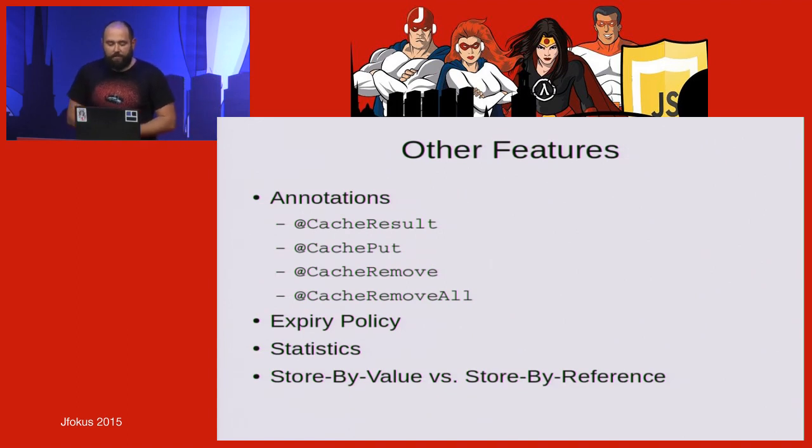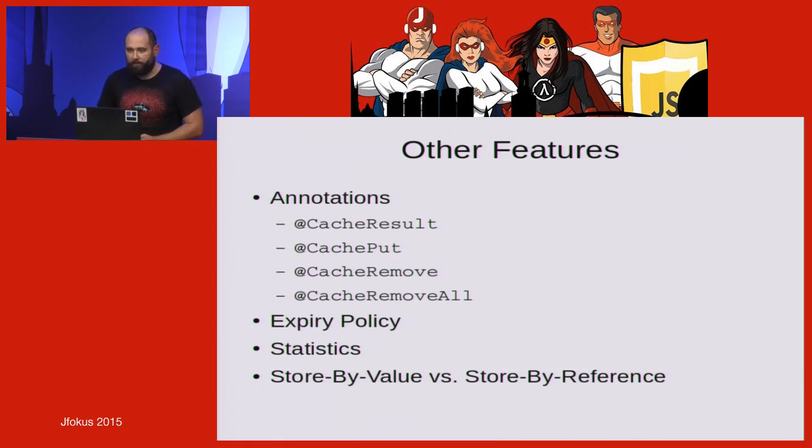So the first one I picked is the annotations. The JCache spec defines a bunch of annotations and the behavior. And if you are in a managed environment such as Spring Framework or, hopefully, Java EE 8, then you can just annotate your bean, being Spring bean, EJB bean, CDI, whatever, with one of these annotations, and the container is now responsible to cache the results.